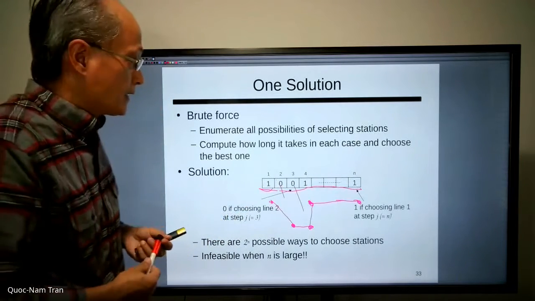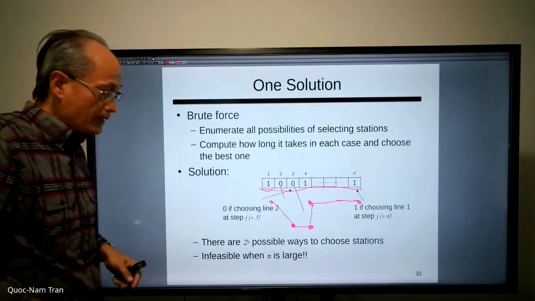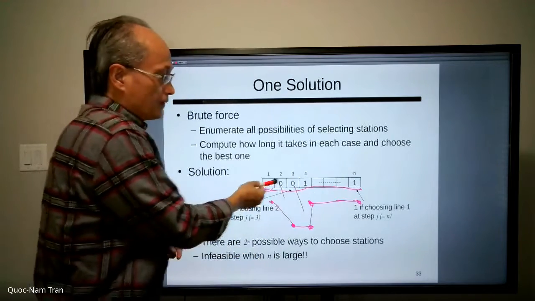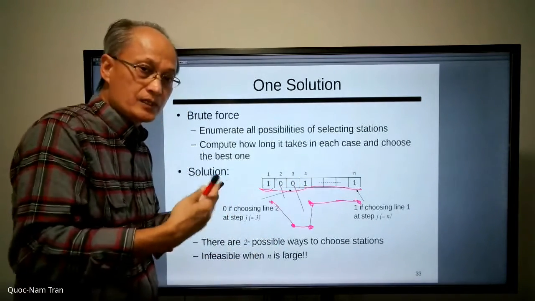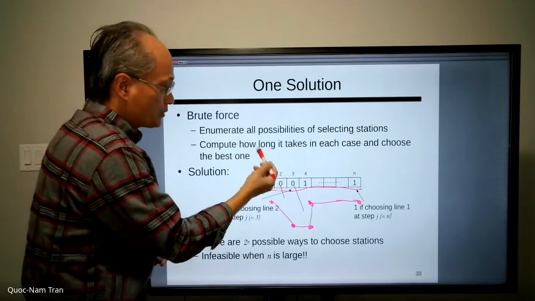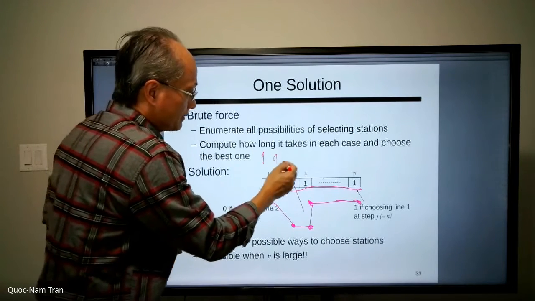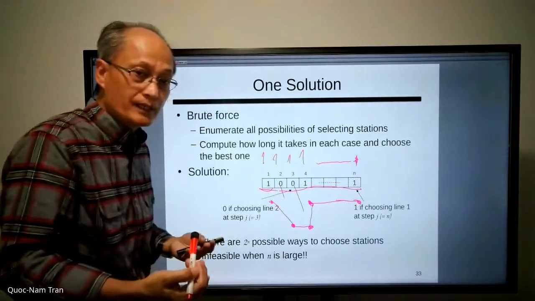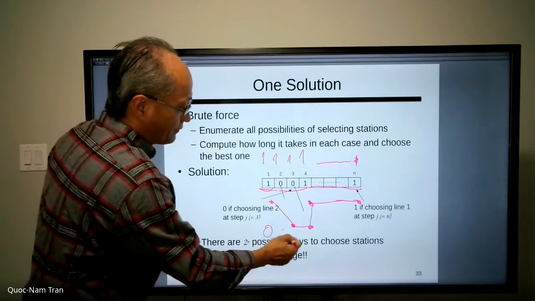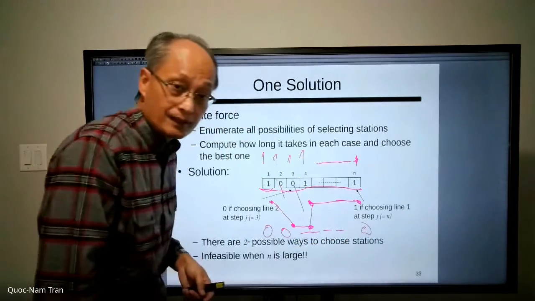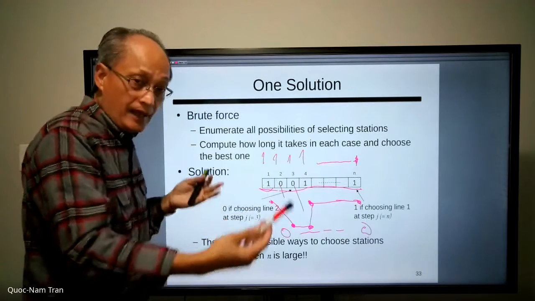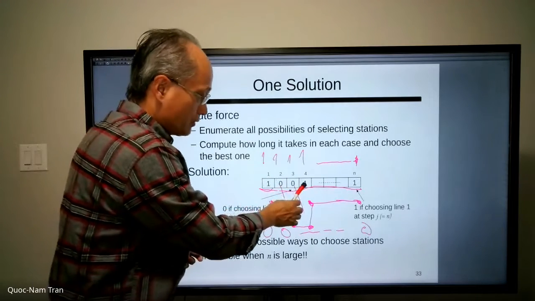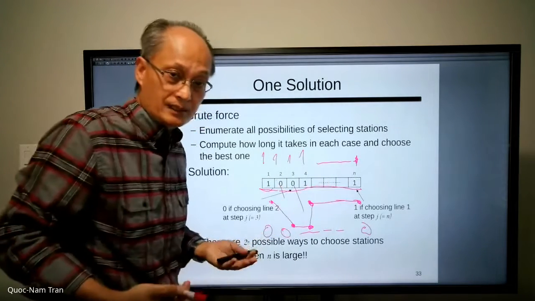Right? And what we want to do here is that we want to try all possibilities, meaning that for each one, we just pick between 0 and 1. Okay, so the first possibility is everything 1, right? And the last possibility is everything 0, right? Okay, so anywhere in between, it can be 0, 1, 0, 1, 0, 1, etc. Right?